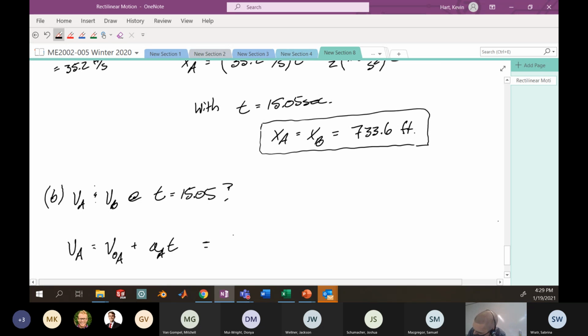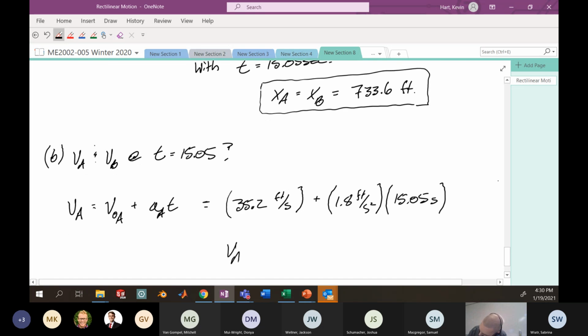So the initial velocity of vehicle A, 35.2 feet per second, plus the acceleration of A. This guy's speeding up at 1.8 feet per second squared, times time, 15.05 seconds. Where we would have that the velocity of A at that particular time is going to be 57.8 feet per second, or if you want to convert back to miles per hour, 39.4.